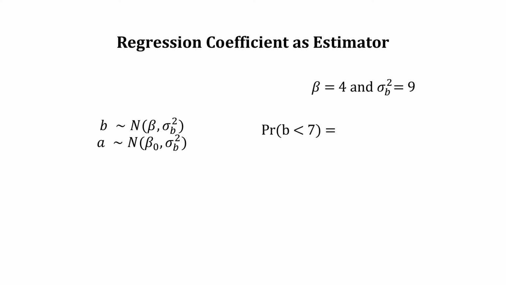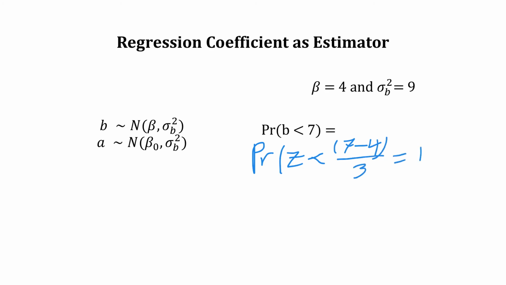For example, suppose beta is equal to 4 and sigma squared b is equal to 9, and we want to know the probability that b is less than 7. This is equivalent to finding the probability that a standard normal random variable is less than 7 minus its mean divided by its standard deviation.